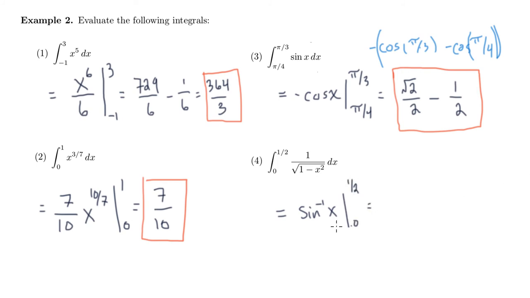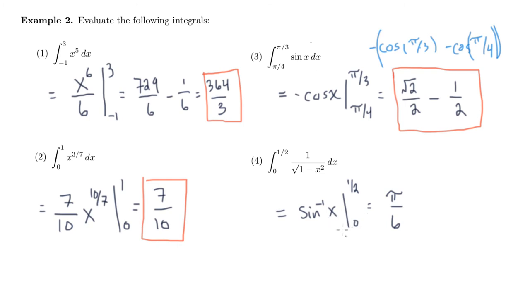Okay, and then inverse sine of 1/2. So where does sine of x equal 1/2? Well, let's think. Looks like pi over 6. Sine of pi over 6 is 1/2.